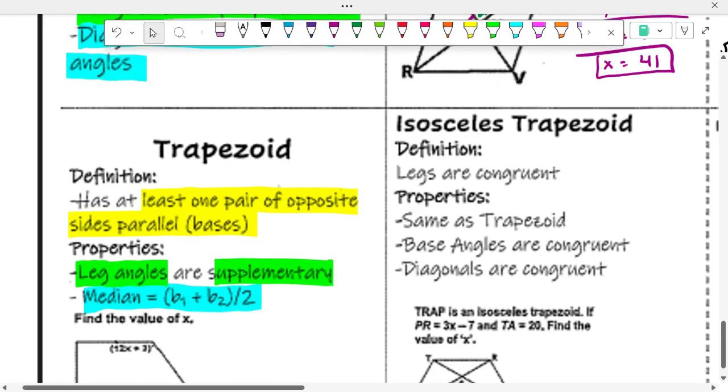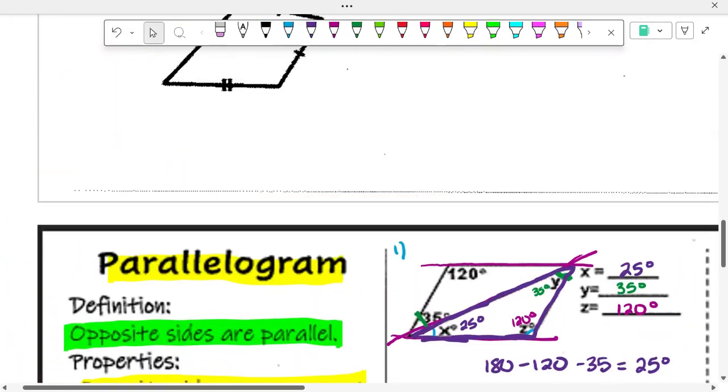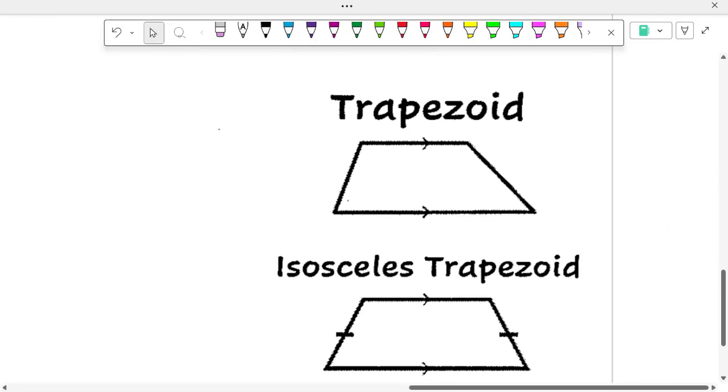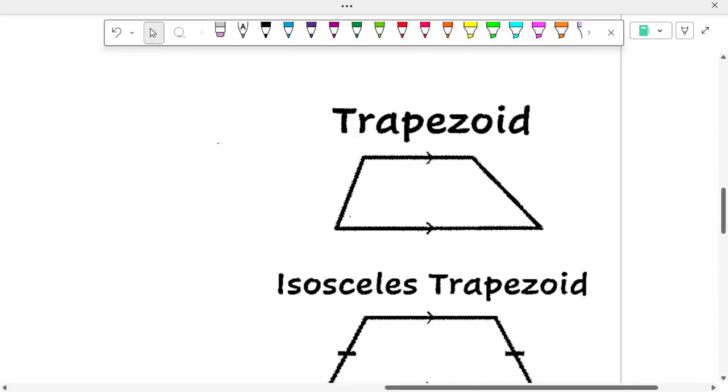All right. So if we look up here at our picture, my general one is the top one. Right here are our parallel bases. Let's call this one B1 and this one B2. Your leg angles are right here.